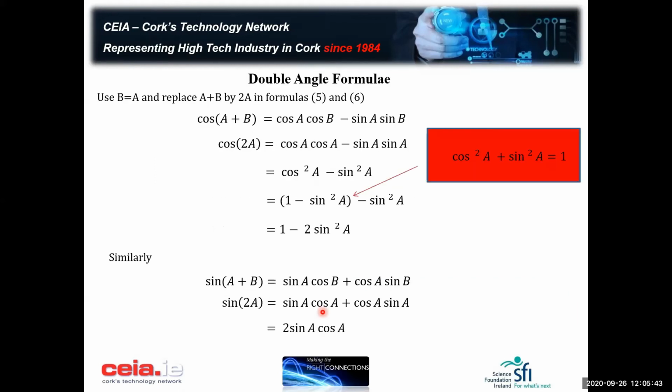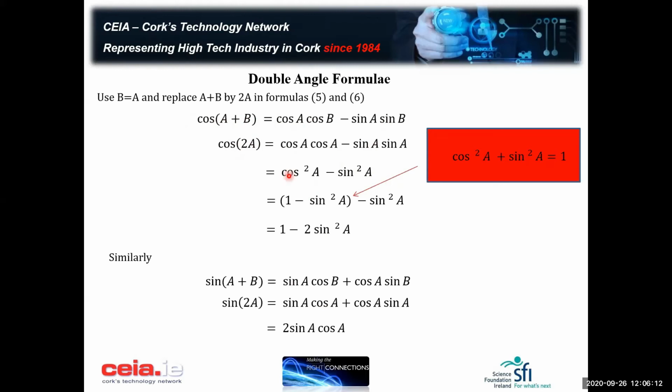Okay, moving along, double angle formula. Cosine of A plus B. We had this result before. So the cosine of 2A, this is a double angle formula, just set B equals A, and you get cos squared A minus sine squared A. And you can stop there, actually.